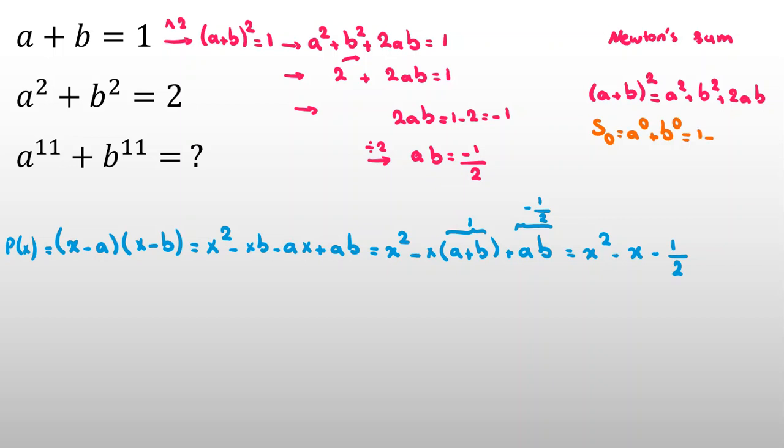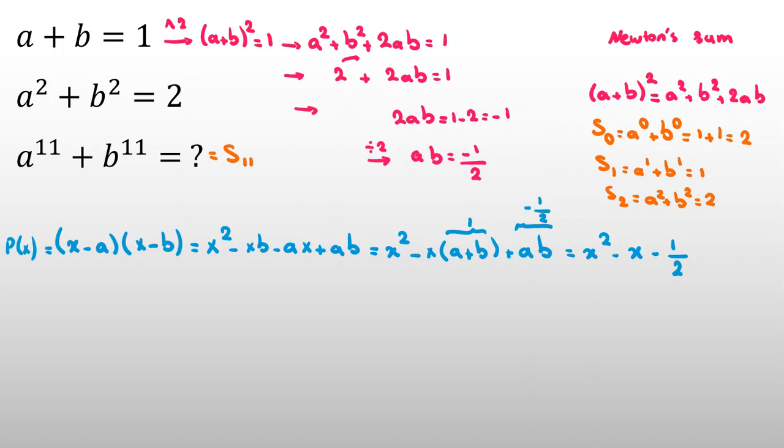A to the 0 is 1 plus b to the 0 is 1, it is 2. We define S1, a to the 1 plus b to the 1. From the assumption of the problem, it is 1. S2 is a squared plus b squared, and we know here it is 2. And we want to find S3, S4 up to S11, because by definition S2 is equal to that.